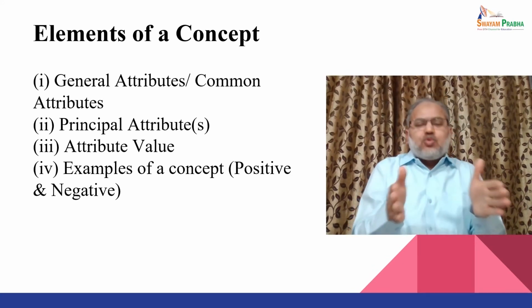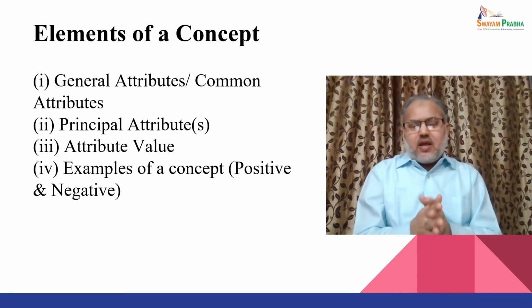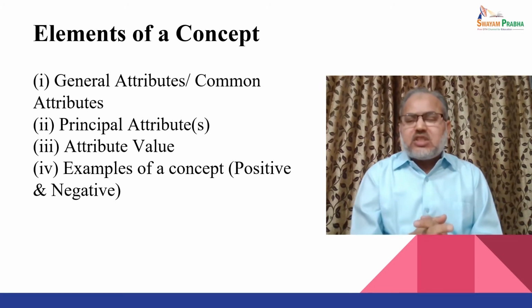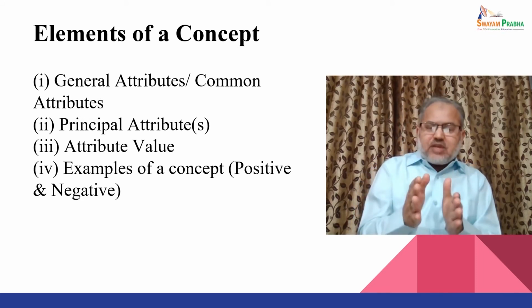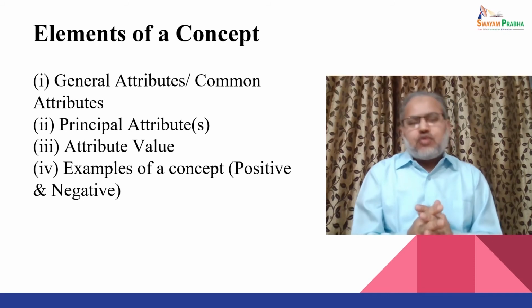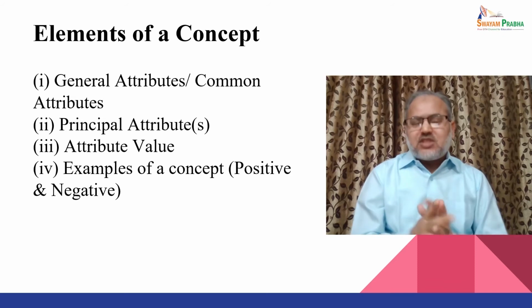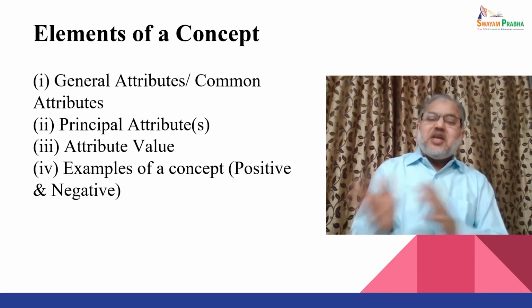Examples may be of two types: positive and negative examples. These elements are helpful in the attainment of a concept by the learners. Try to understand what positive examples are. For example, I am talking about solid. For solid, brick is a positive example, chalk is a positive example, but air is a negative example.